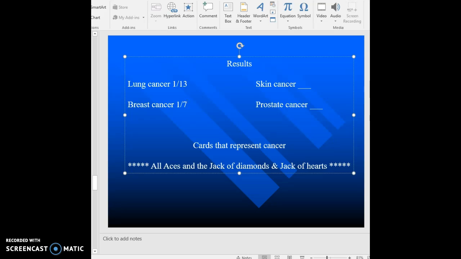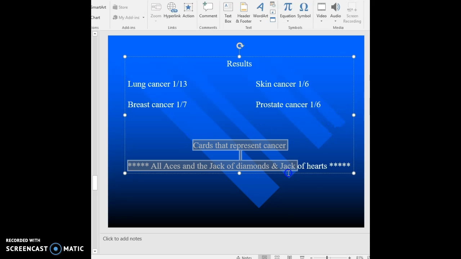We're trying to push those numbers to 1 out of 8, 1 out of 10, 1 out of 100, but we're not there yet. Skin cancer, by far the most common type of cancer, 1 out of 6 people will get it. And prostate cancer. Guys, 1 out of 6 of us will have prostate cancer.